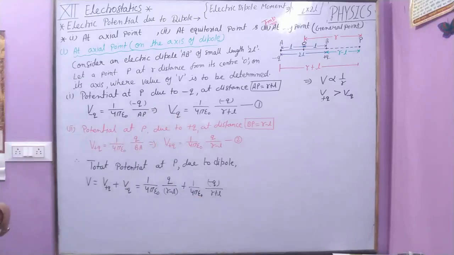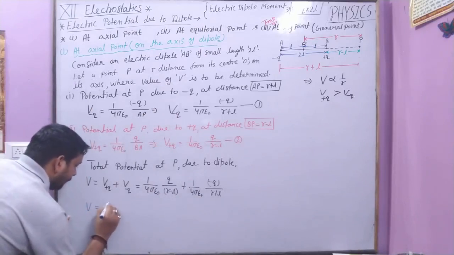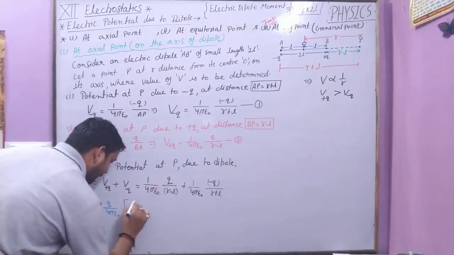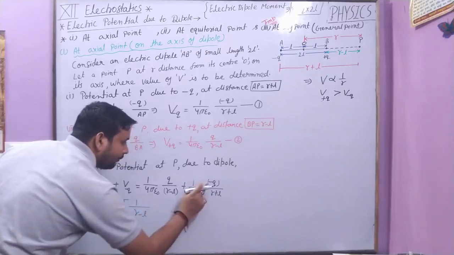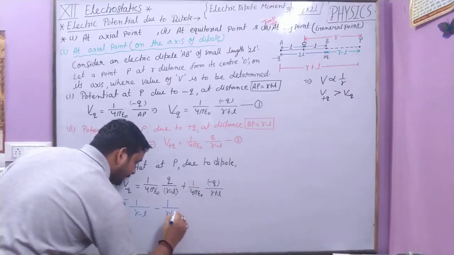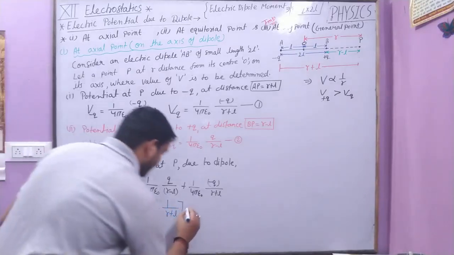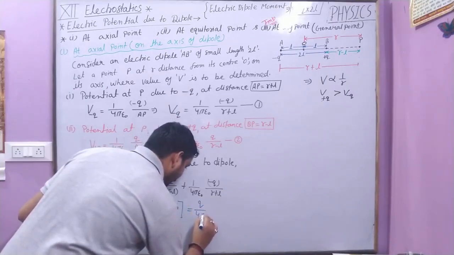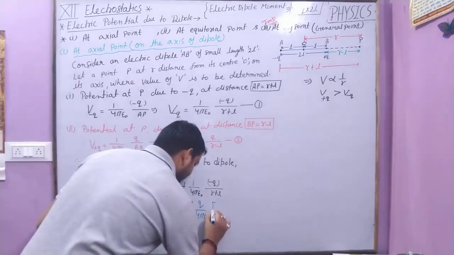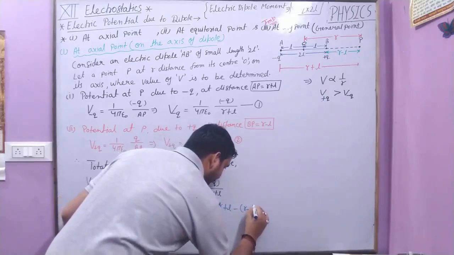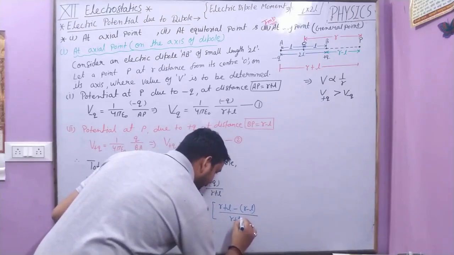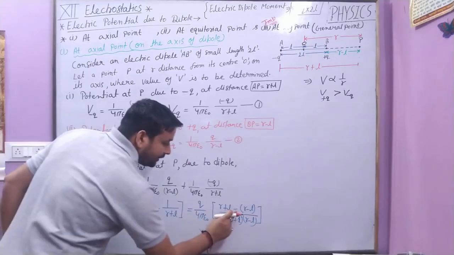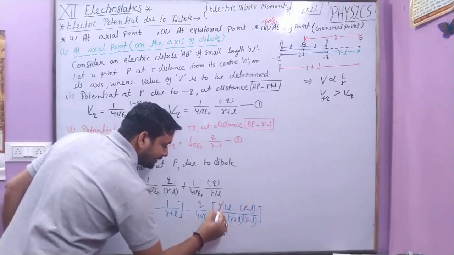Now here we take Q upon 4 pi epsilon naught as common, and in the bracket we have 1 upon R minus L minus 1 upon R plus L. By solving this, taking the LCM, we get Q upon 4 pi epsilon naught times R plus L minus R minus L upon R plus L and R minus L. Therefore, when this minus multiplies inside the bracket, we get minus R, which cancels with this.